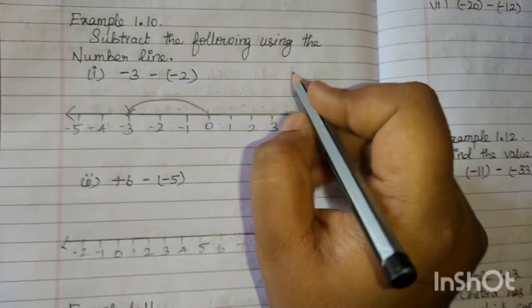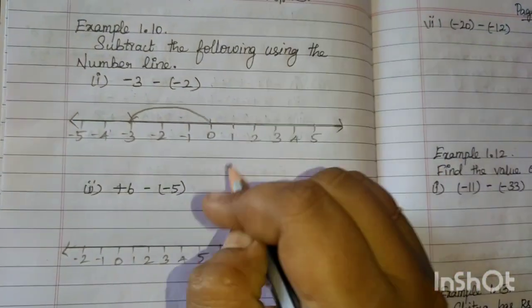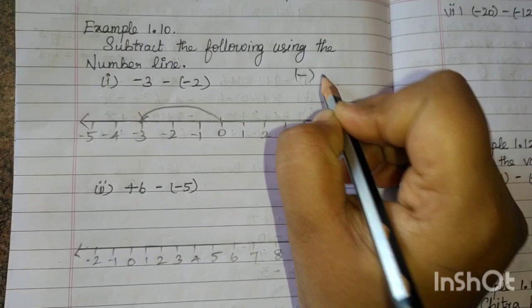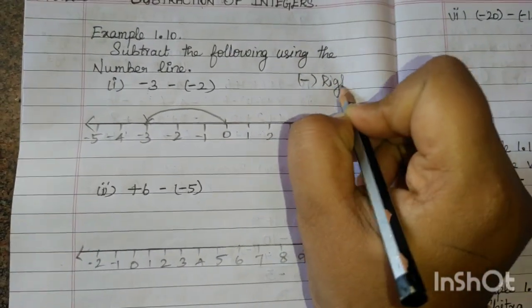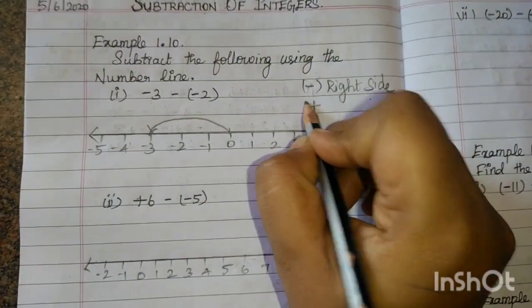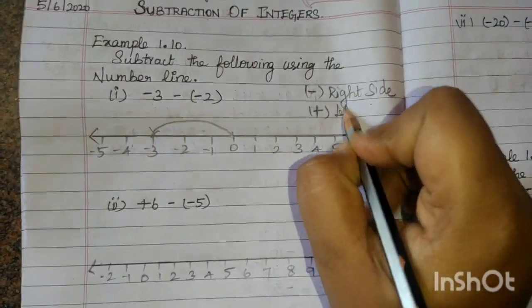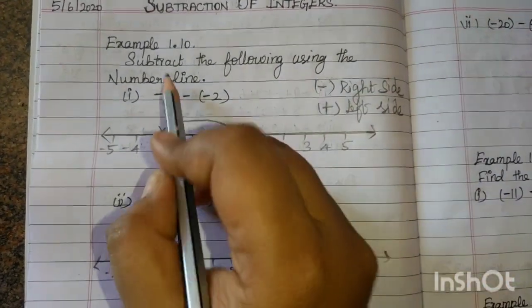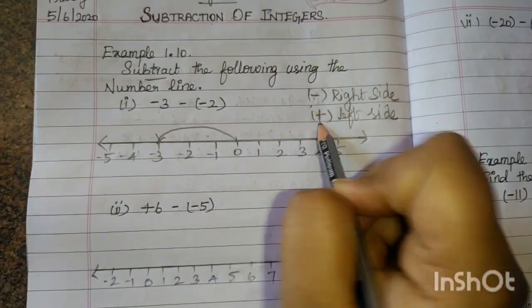Like the addition sum, only one thing is getting changed here. In subtraction, minus means we move to the right side, plus means we move to the left side. Are you clear? For this subtraction, this is the rule.